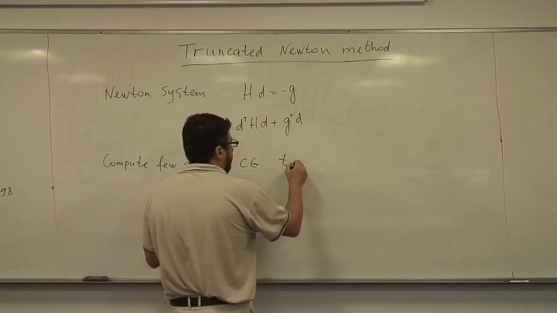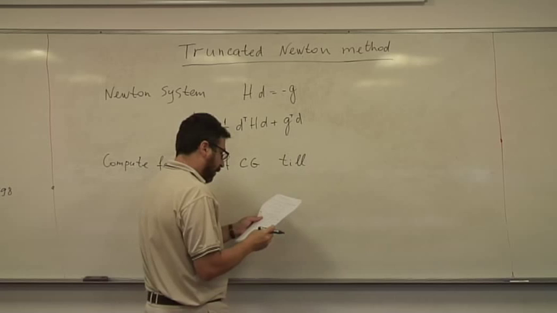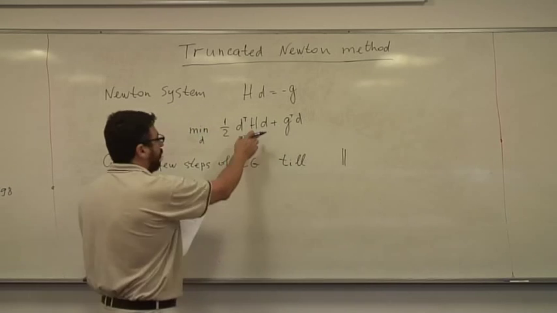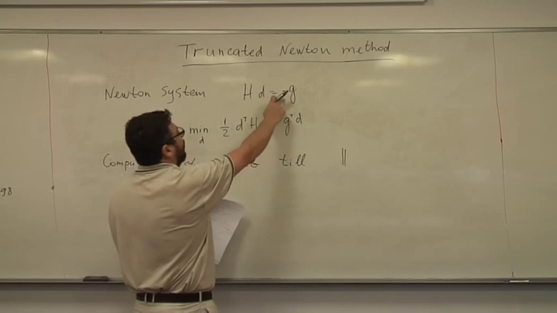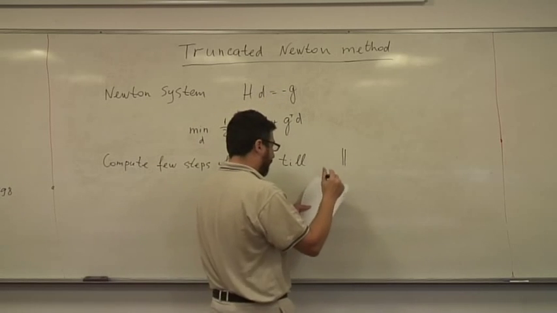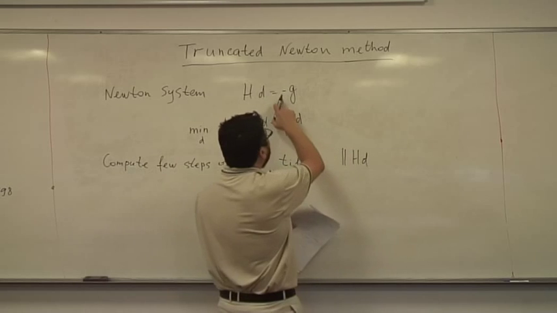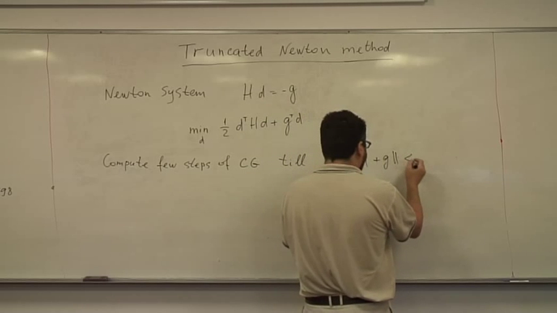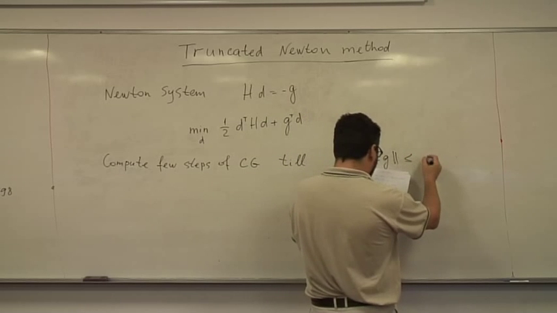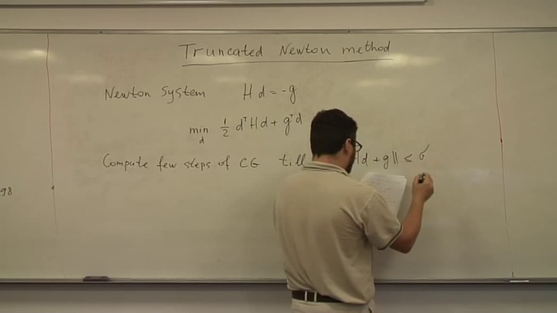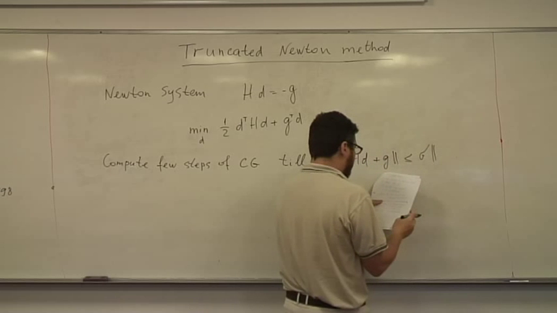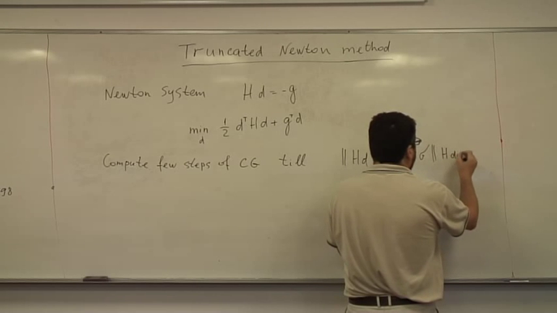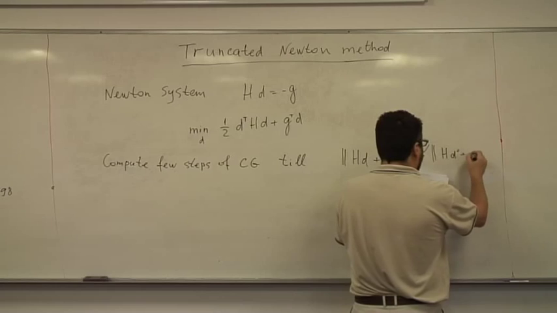Till some criterion will be met. For example, norm of the gradient of this expression, or norm of difference in our equation, Hd plus g, less or equal, for example, some constant divided by this norm before we started our iterations, Hd0 plus g.